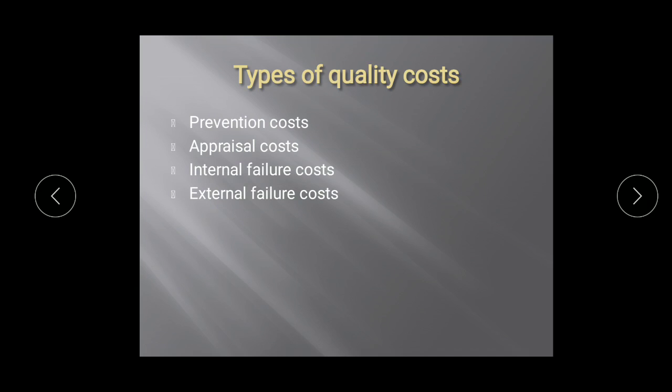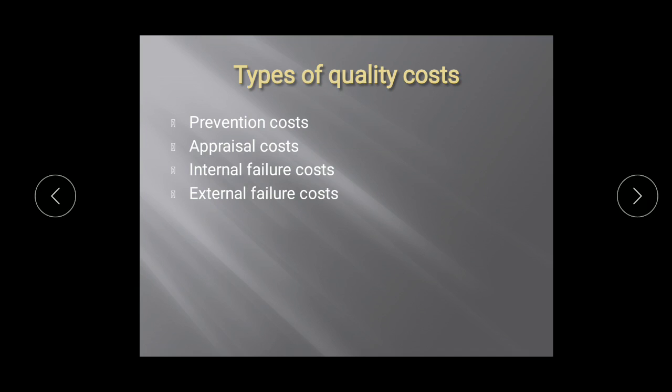So there were four types of quality cost. The first one was prevention cost. Before any occurrence, what we maintain is called prevention cost. It is much better to prevent defects rather than finding and removing them after the product is done.